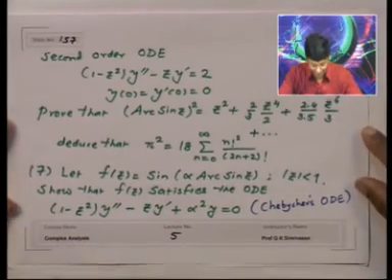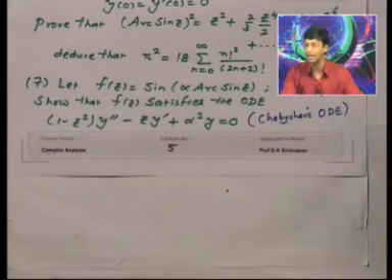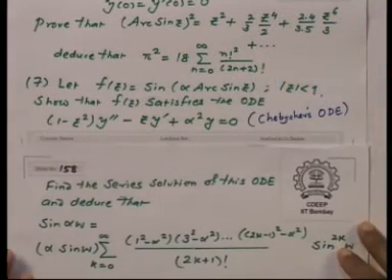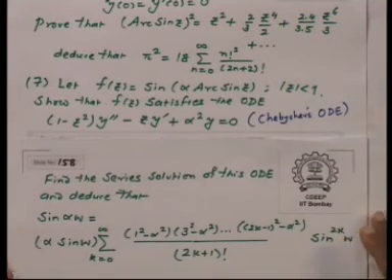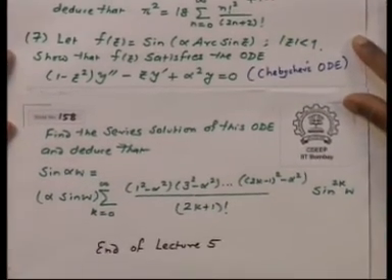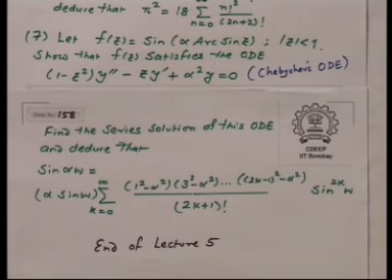So you can actually calculate the power series for f z. So find the series solution of this ODE and deduce that sine alpha omega equal to alpha sine omega into summation k from 0 to infinity 1 squared minus alpha squared, 3 squared minus alpha squared, etc., 2k minus 1 the whole squared minus alpha squared upon 2k plus 1 factorial sine to the power 2k omega.